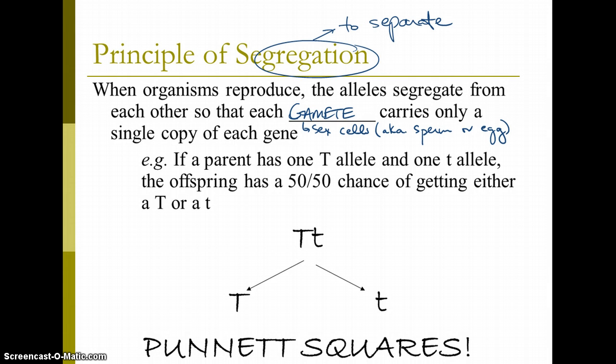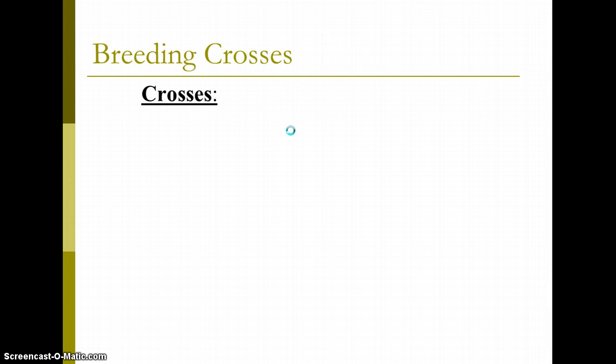And here we go with Punnett squares. So we've got our crosses, but we've got some vocab that we need to talk about. So P, F1, and F2. So P are the parents.